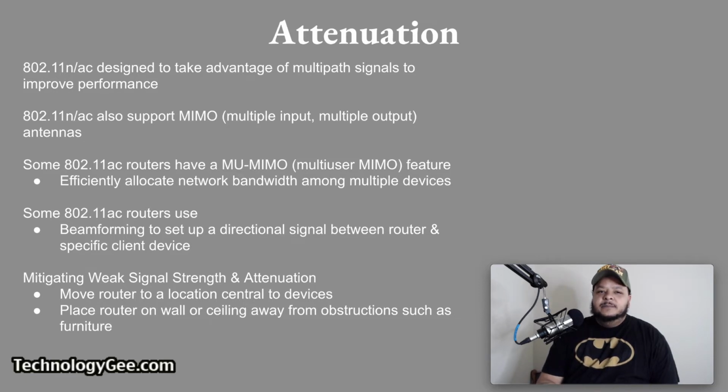The easiest way to mitigate weak signal strength and attenuation issues is by simply moving the router to a location central to the devices that connect to it and locating the router on a wall or ceiling away from obstructions such as furniture.